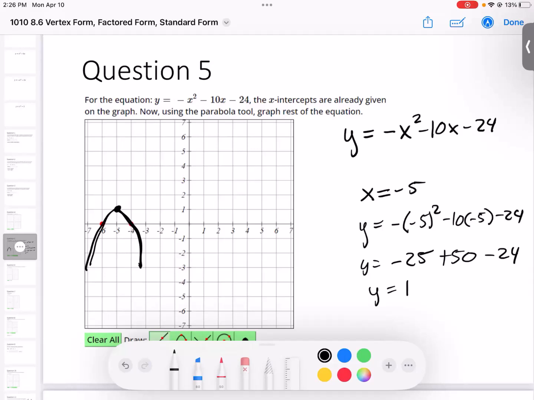You plugged in x is 3. And that gives you 9, 15. If I give you 9 minus 24, is it negative 15?